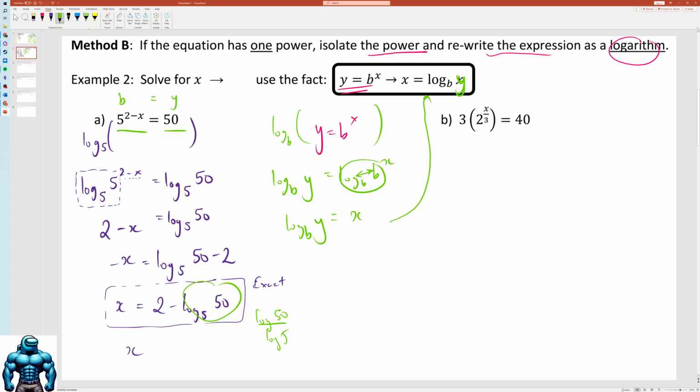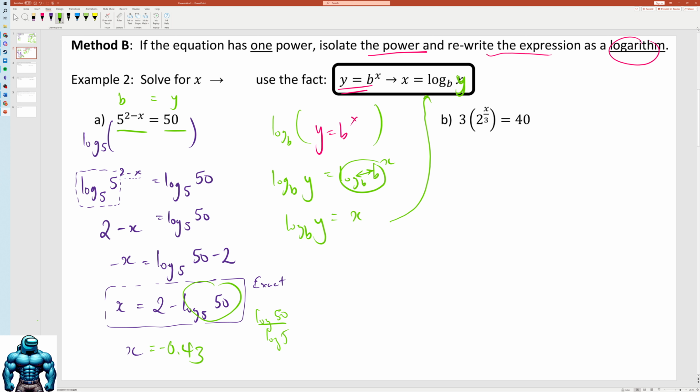So, the log of 50, all divided by the log of 5. And I'm getting my final answer as negative 0.43.